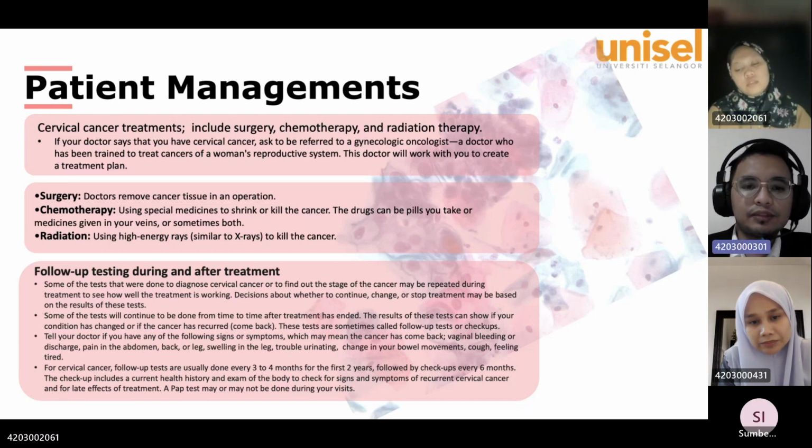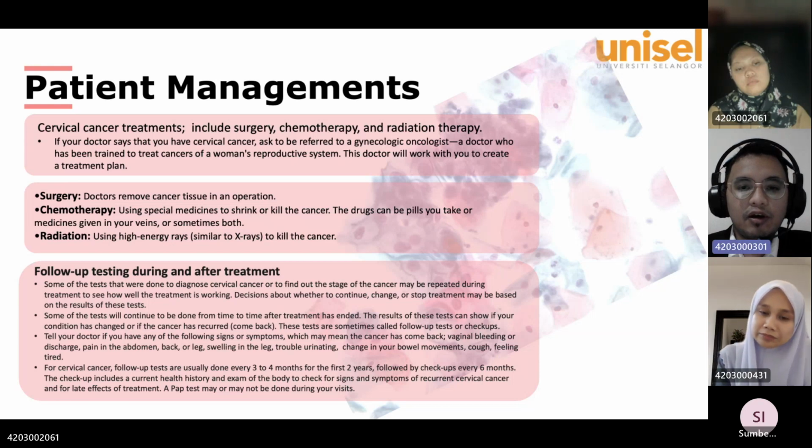Decisions about whether to continue, change, or stop treatment may be based on the results of these tests. Some of these tests will continue to be done from time to time after treatment has ended. The results of these tests can show if your condition has changed or if the cancer has recurred or come back. These tests are sometimes called follow-up tests or check-ups.